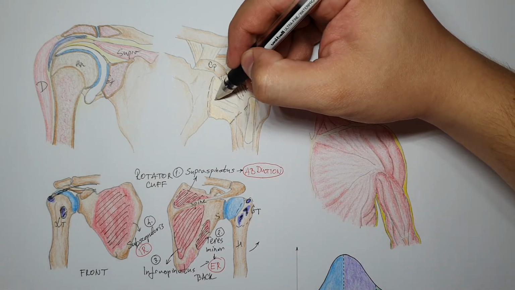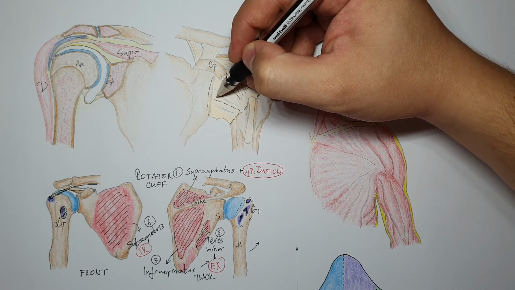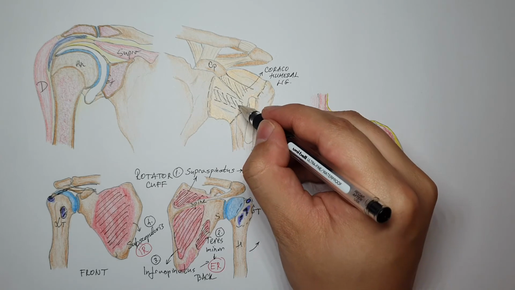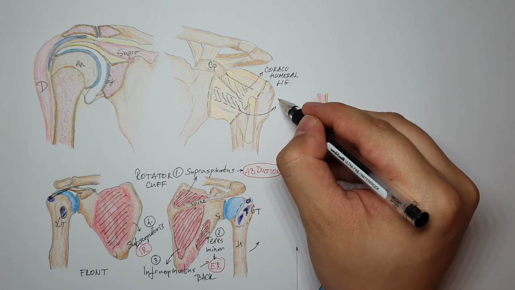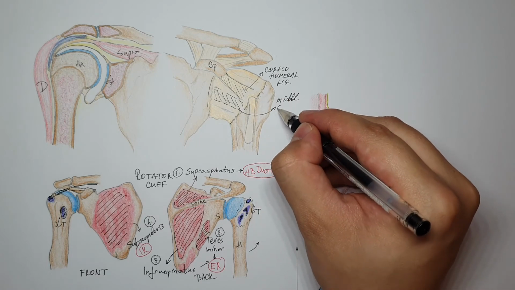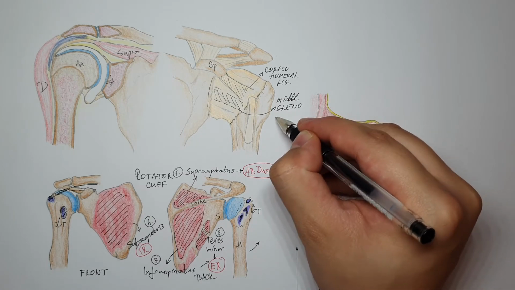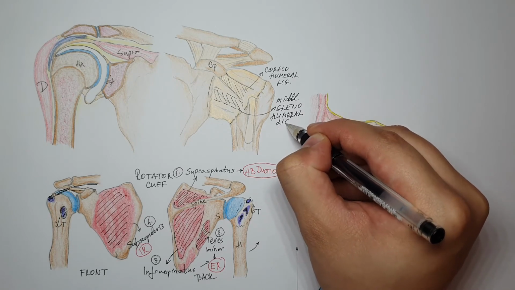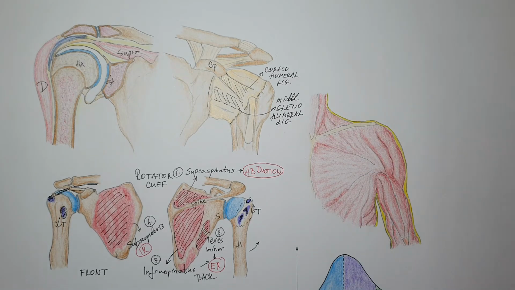And the middle one, especially the middle glenohumeral ligament, also is one of the ligaments that thickens in frozen shoulder.